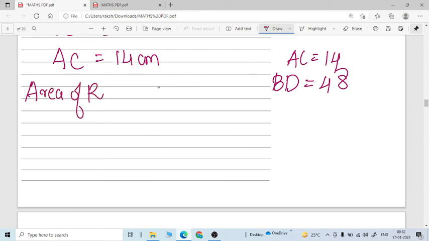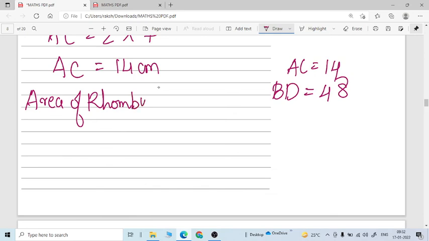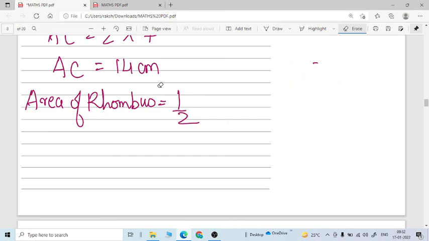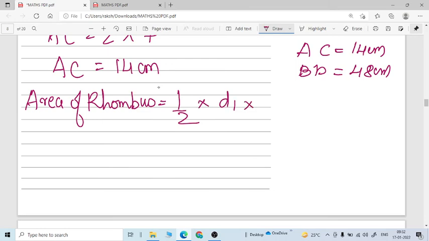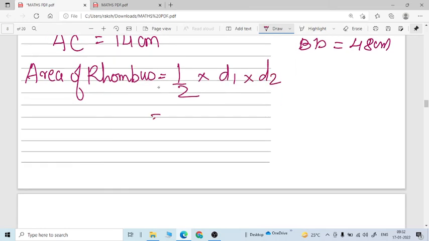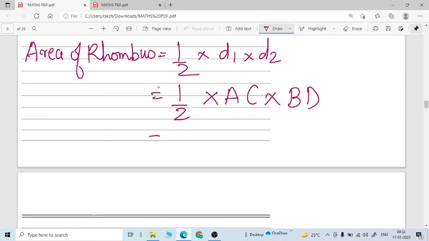Area of rhombus is equal to half into diagonal 1 into diagonal 2, that is half into AC into BD. That is half into 14 into 48.